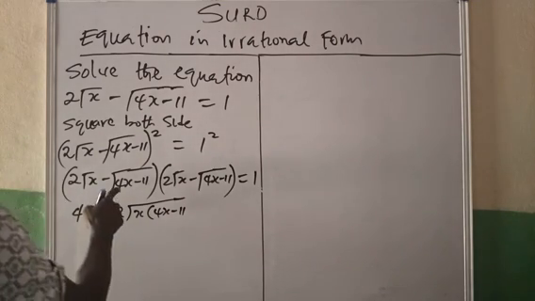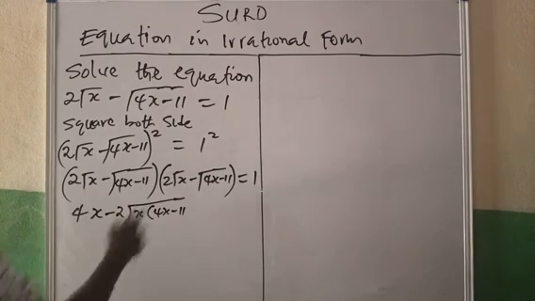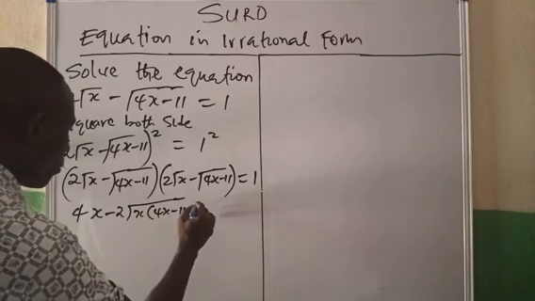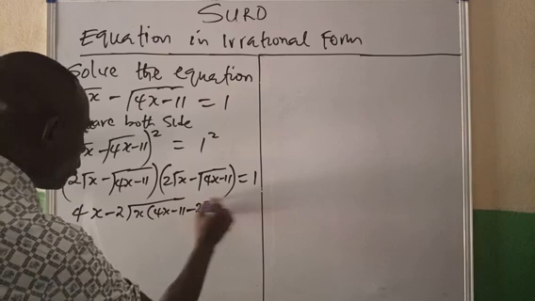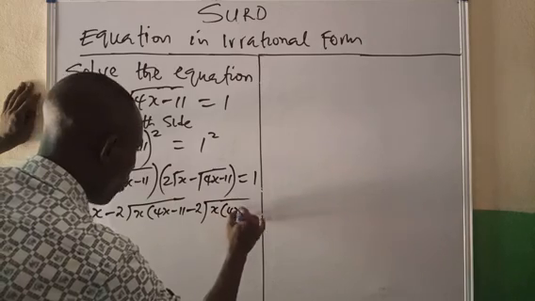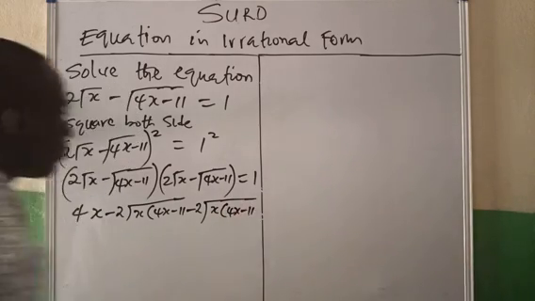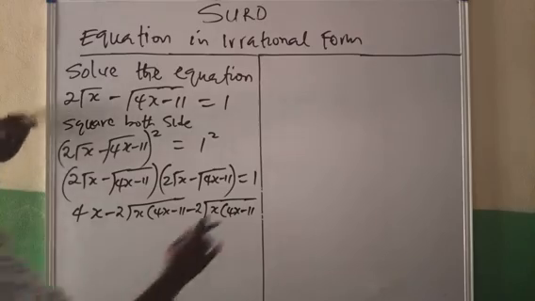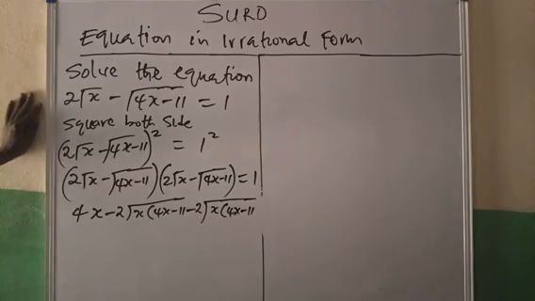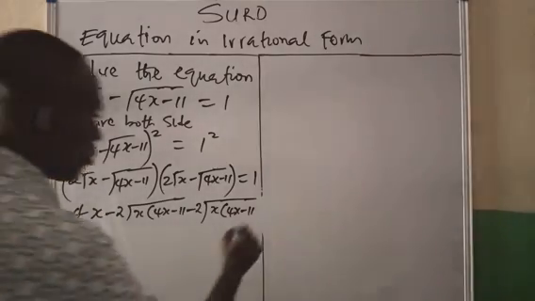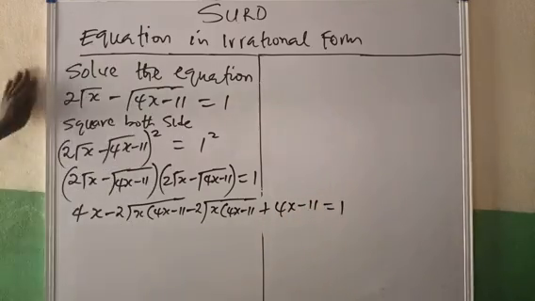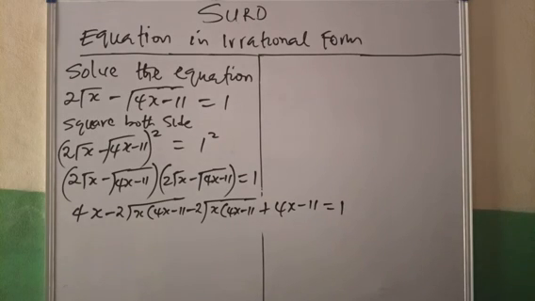The same way, if we use this minus root 4s minus 11 times this, will also give us minus 2 root s root 4s minus 11. And if you use this to multiply this, minus times minus is plus, so you have plus 4s minus 11 is equal to 1.